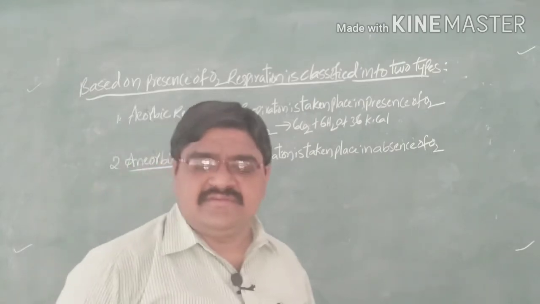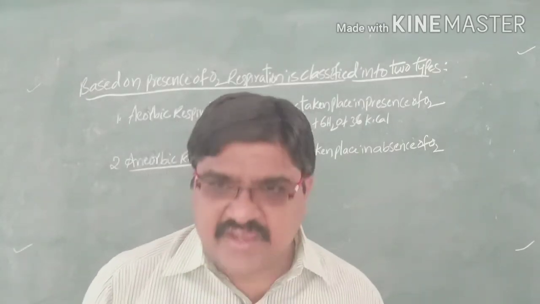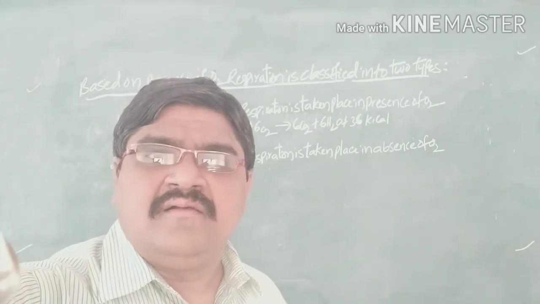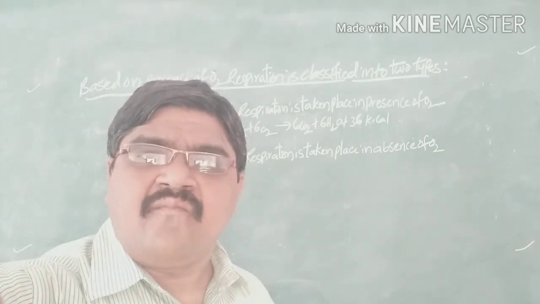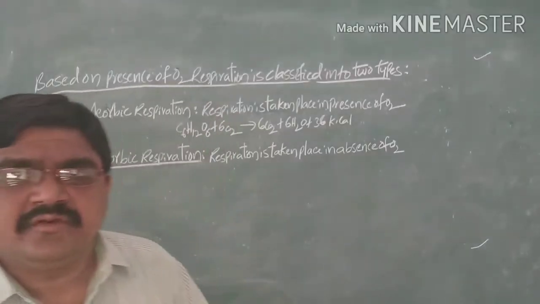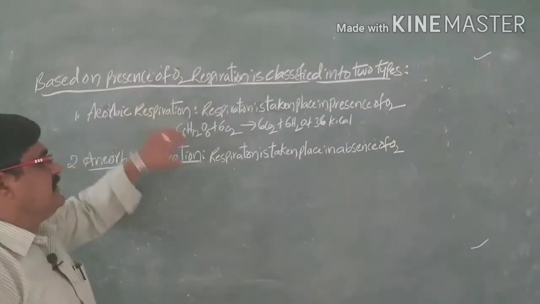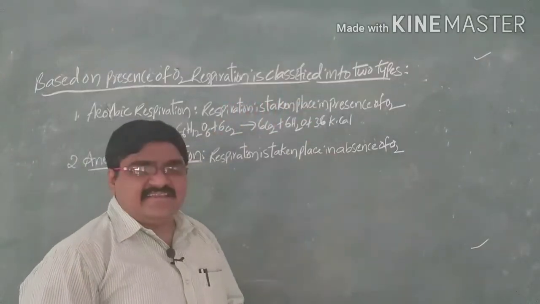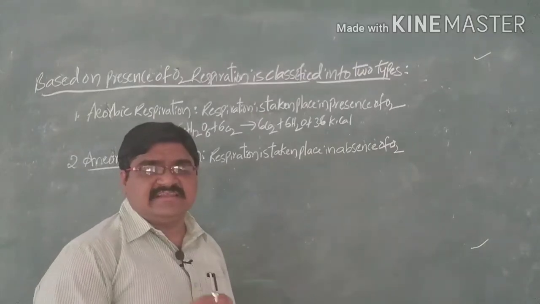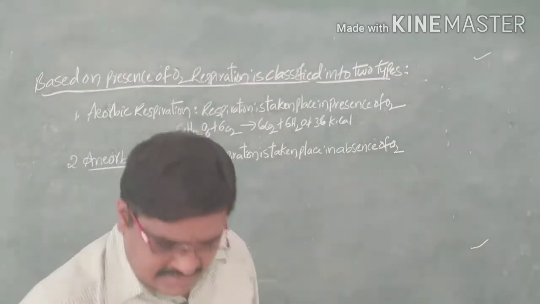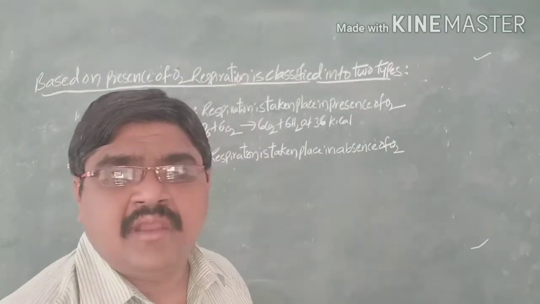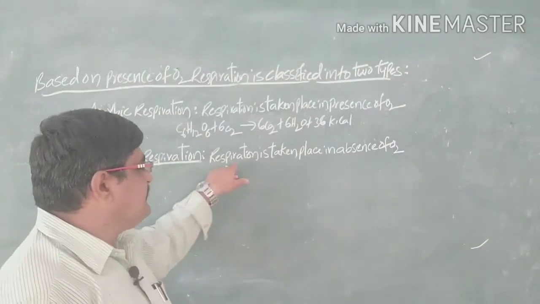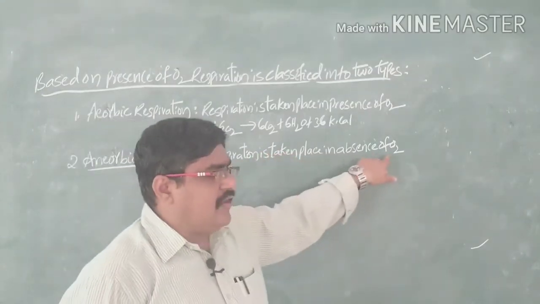In the aerobic respiration, we get carbon dioxide and water, along with 36 ATP molecules, or 36 kilocalories of energy. In anaerobic respiration, respiration takes place in the absence of oxygen.